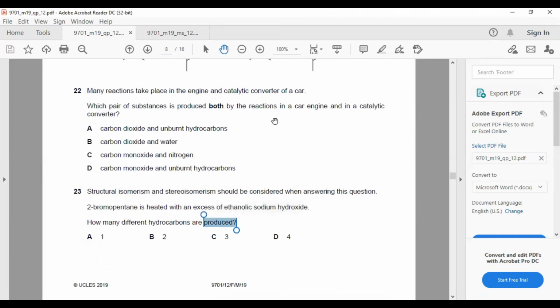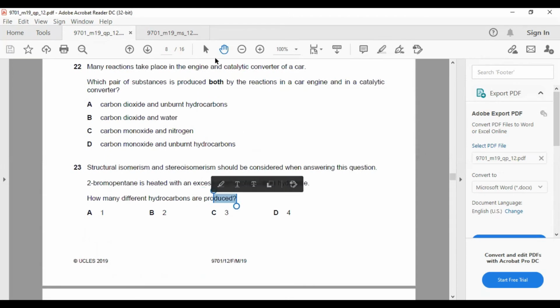This is quite easier, like O level base, so we can go fast. Catalytic converter and car engine. Which reactions take place in both car engine and catalytic converter? I think carbon dioxide and water are formed in both of them.